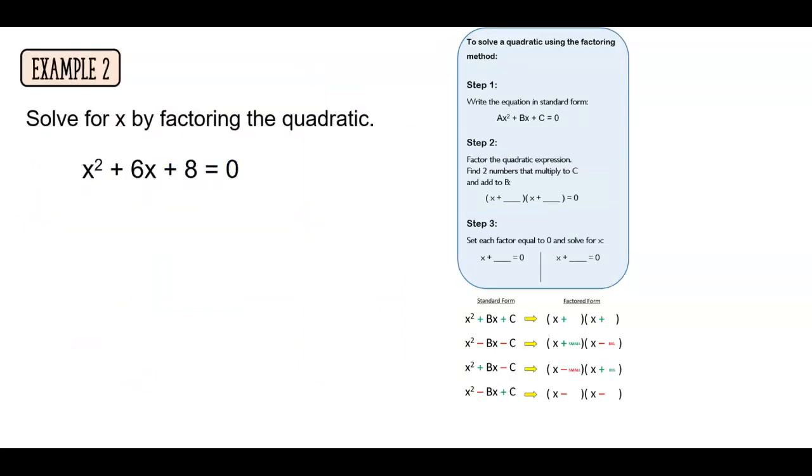Which one of these numbers am I trying to find multiples of? No, the 8. I need to find all the factors of 8. So let's do that off to the side. What multiplies to make 8? Start at the bottom. 1 times 8, all right? And what else?